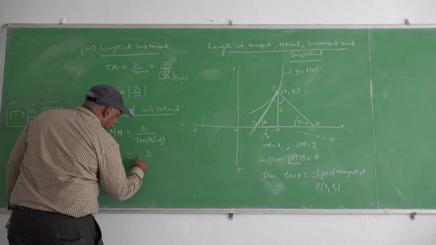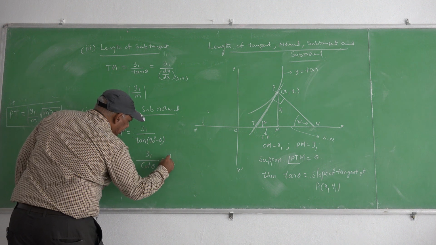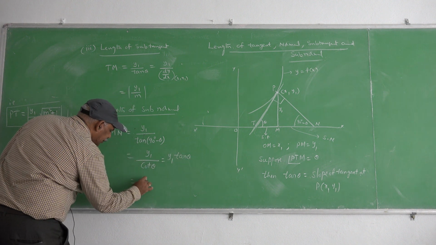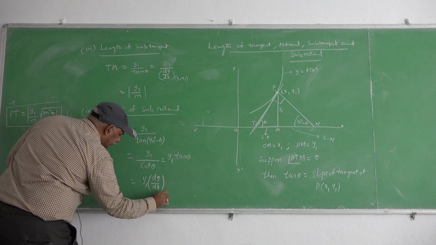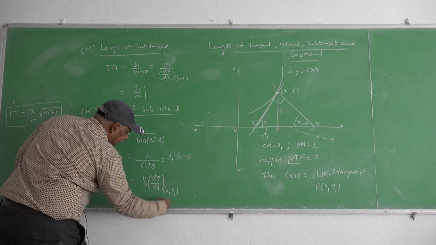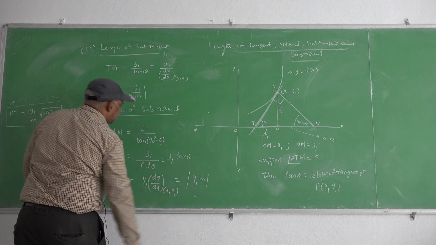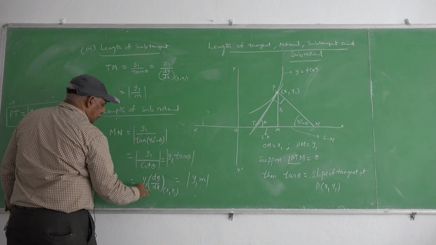That is y1 by cot theta. This is y1 tan theta, which is y1 dy by dx at x1 y1. That is modulus of y1 times dy by dx, taking of course modulus to all these things, the length we get.